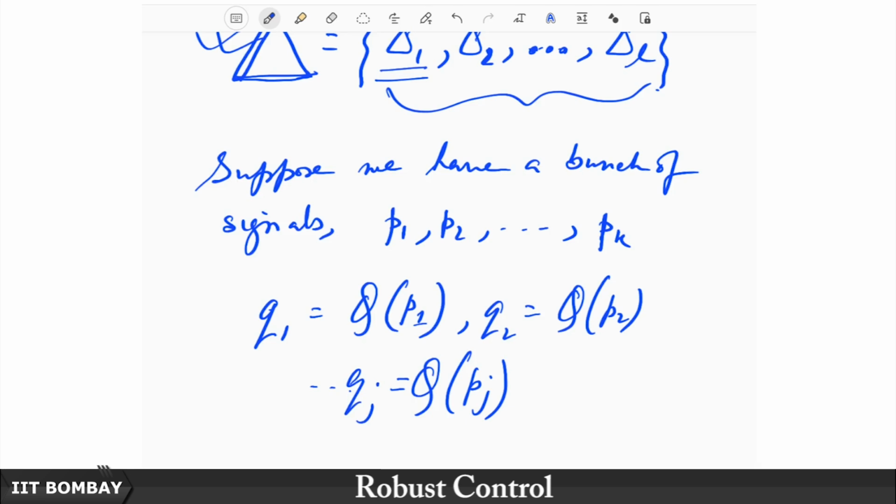So, maybe this nonlinear system we may not be able to completely capture its behavior, but in so far as certain signals are concerned, certain signals of our interest. Okay. So, here we have to sort of bring the problem down to a simplified stage. We cannot say that we are going to capture this behavior of this Q for every possible signal. Yeah, we will have to concede a little ground there.